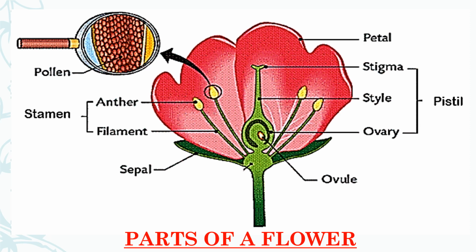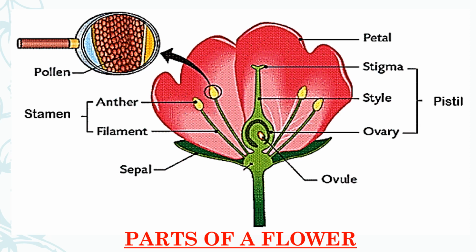So these are the parts of a flower which we have studied in this session: petal, sepal, stamen and pistil. Stamen are the male reproductive part of a plant which comprises of anther and filament.